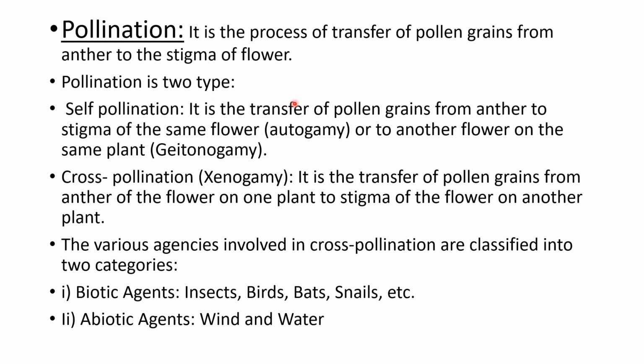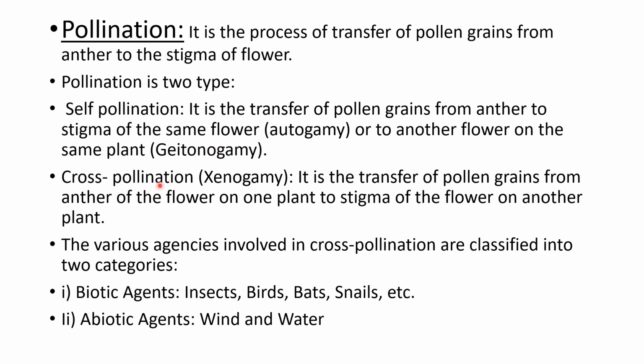When there is transfer of pollen grain from anther to stigma of the same flower, that phenomenon is known as autogamy. And if there is transfer of pollen grain from anther of one flower to stigma of another flower on the same plant, that process is known as geitonogamy.